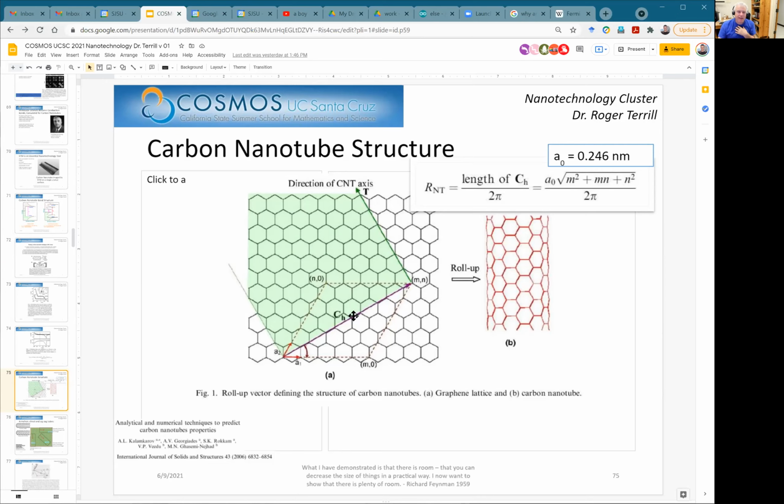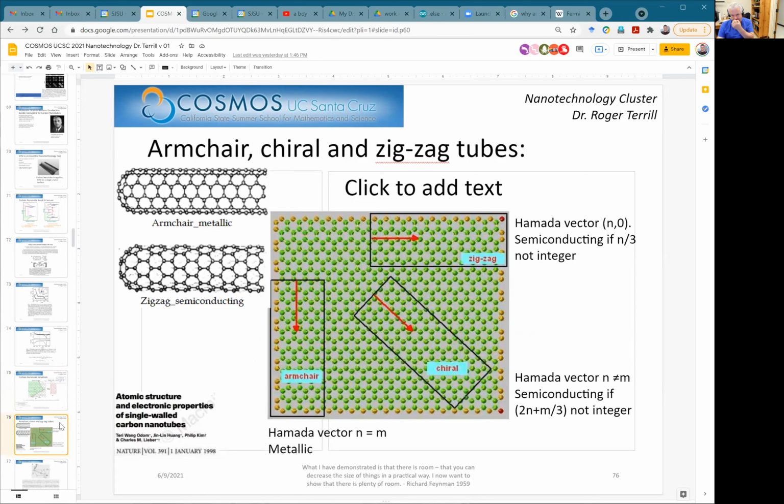But the point of that was to teach how these roll vectors work, right? And there's one way to describe this. If you look at these at right angles, this is a hexagonal CNT lattice.